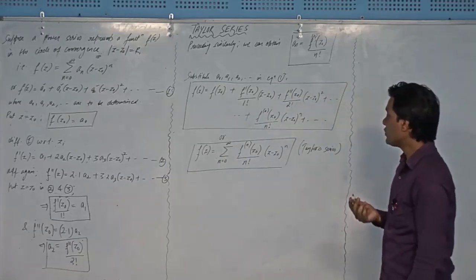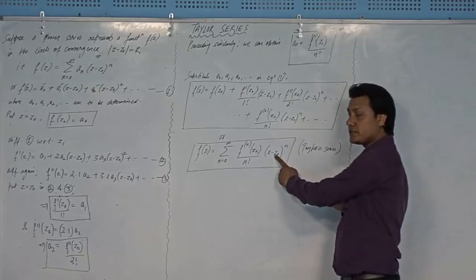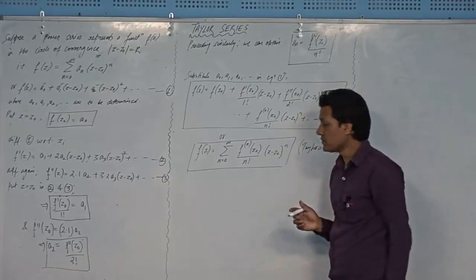And in particular, if I choose z naught equal to 0, then it will become Maclaurin series.